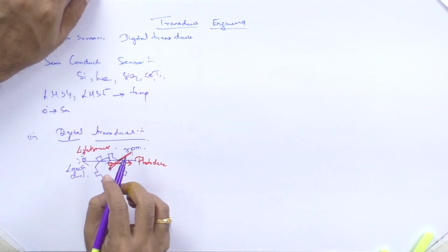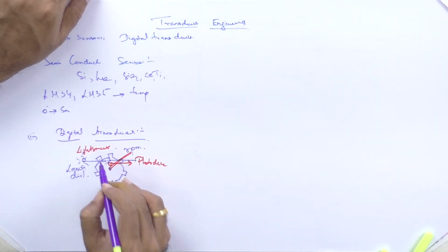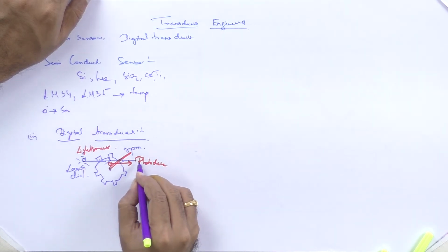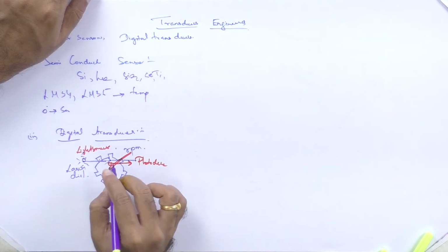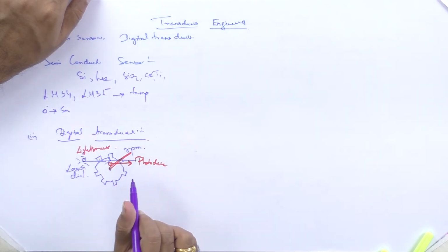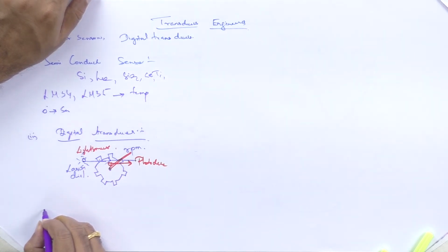Whenever there is a cutoff happening because of the tooth, there will be a total zero, or the voltage will go to zero in the photodiode, and when the exposed region comes into the picture, then we can say that it is being exposed. So you will get something like this.